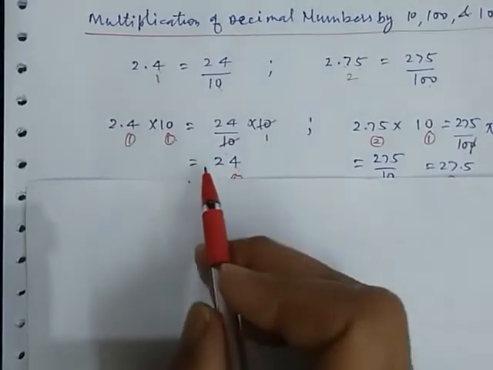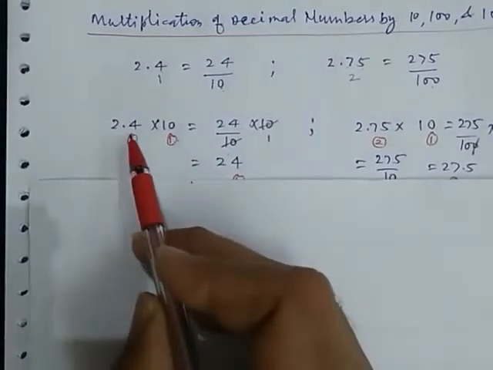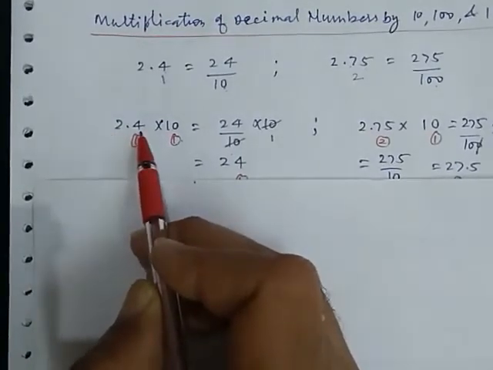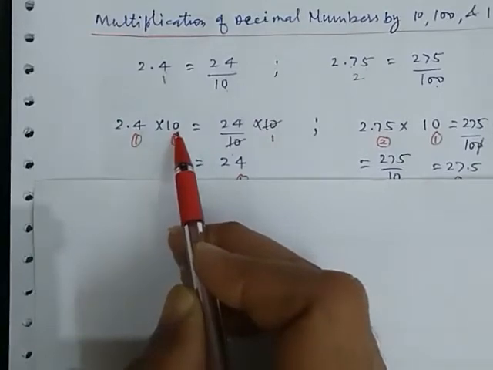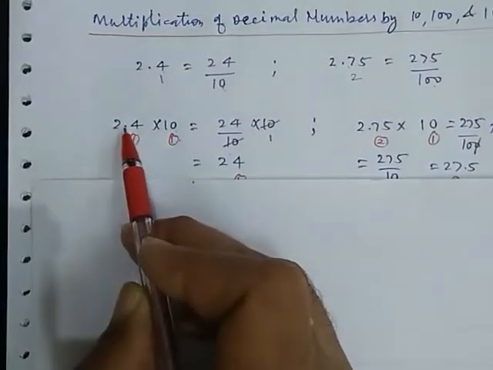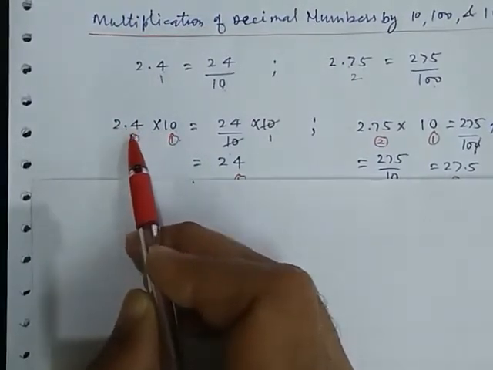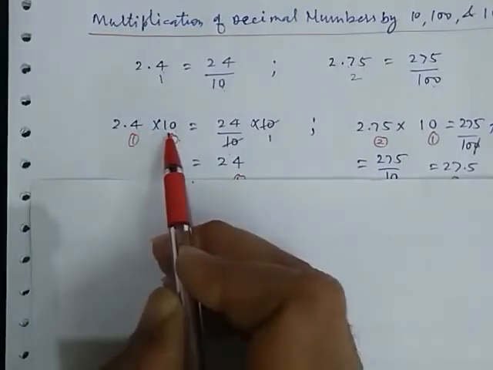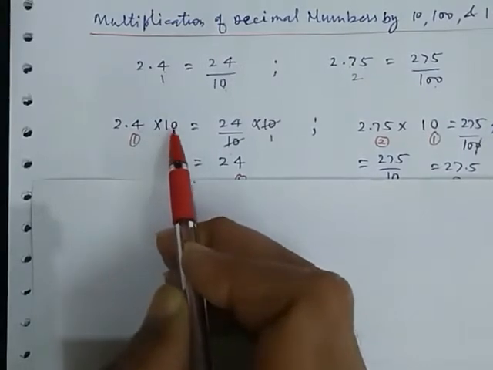In short, we can say that when we multiply any decimal number by 10, it means that this decimal is shifted toward the right the same number of times as this contains zeros.